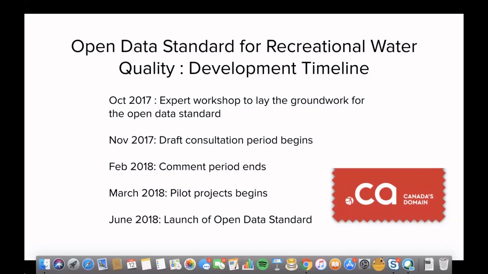So the comment period ended in February of 2018, and then we started a pilot project with the F.A.I.R Foundation. They had open data before many government organizations, counties, and state programs in any of the countries where they're active. So we were really excited to work with them on this.